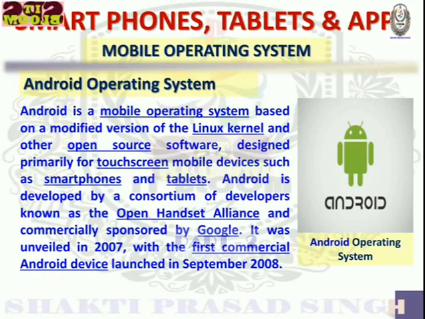It was unveiled in 2007. In 2007 they unveiled it, with the first commercial Android device launched in September 2008, an Android mobile phone. This was basically started for smartphones and tablets. This is very popular.